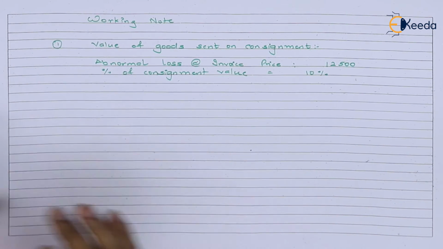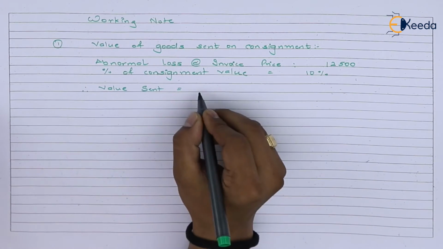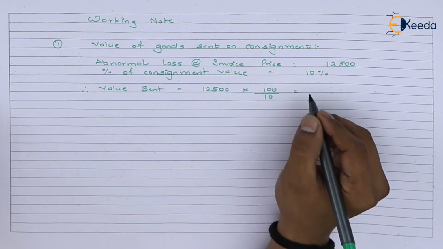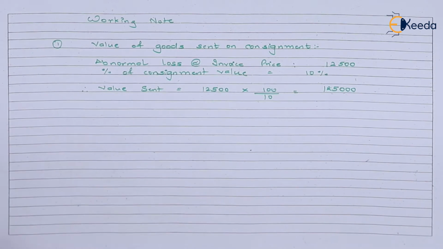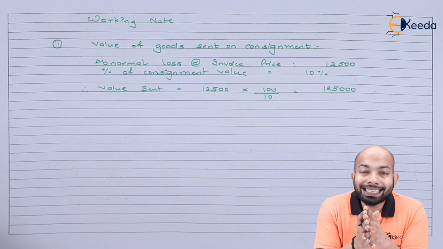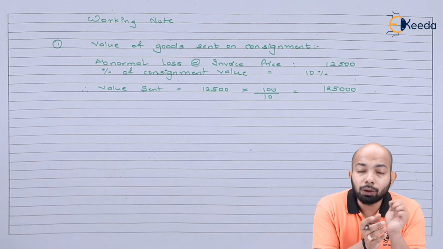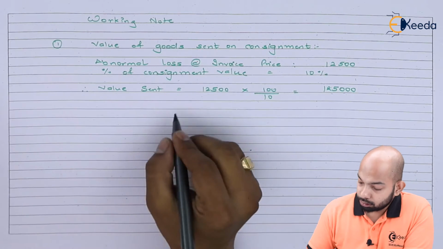Let's figure that out. So the total value of the goods is 1,25,000.